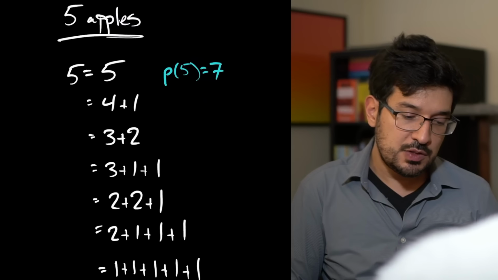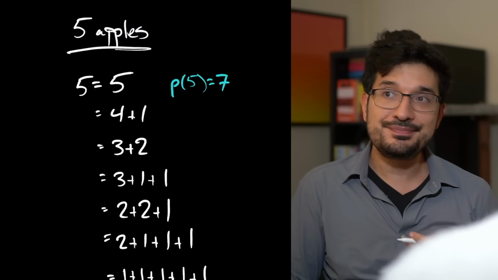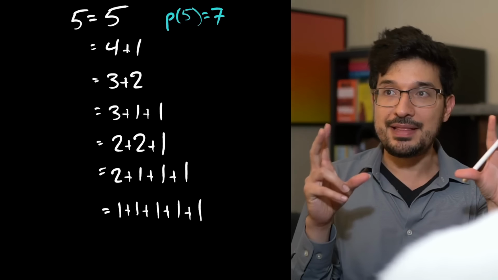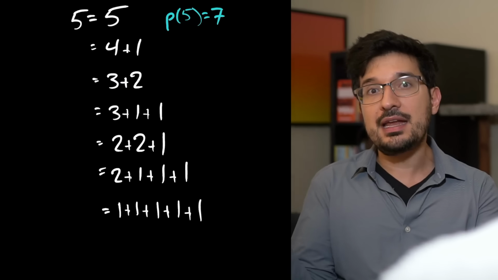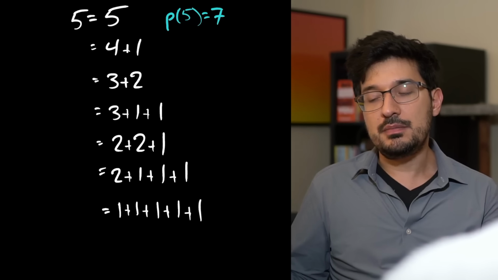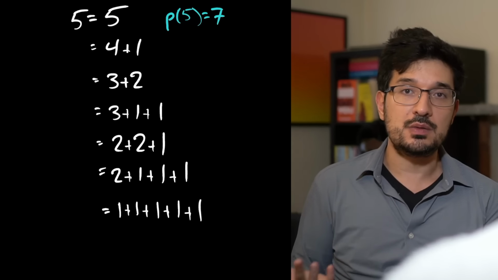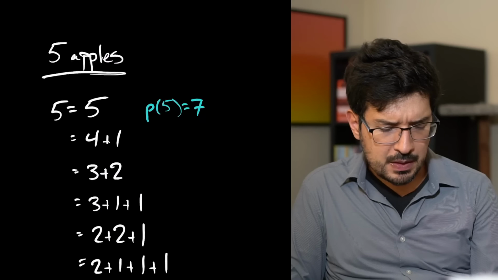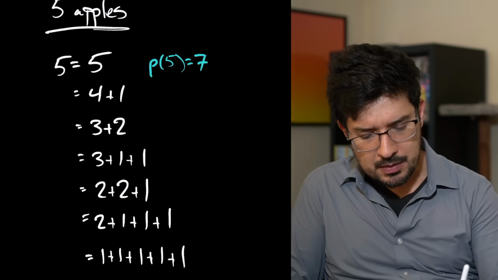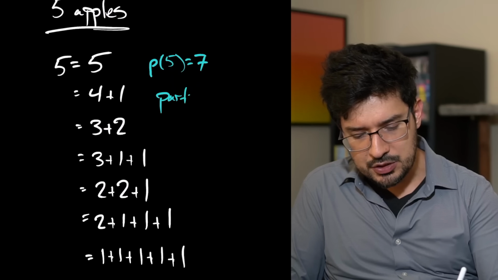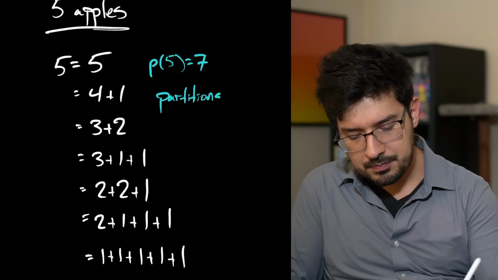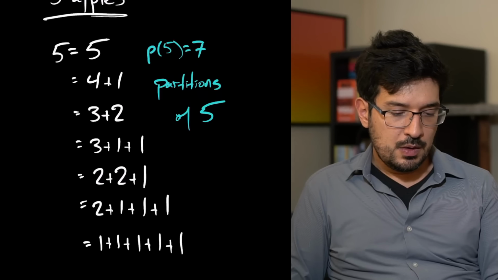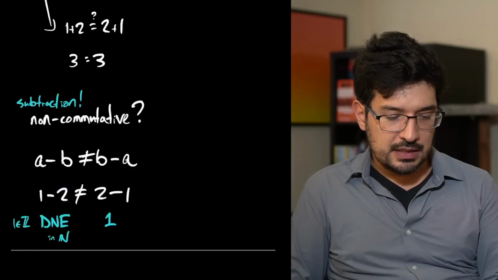But here's one example of all we have is just addition of numbers, and we're not even using any parentheses, because if you're only adding numbers together, associativity says that you don't need to write parentheses. Okay. So this is the 7 partitions of the number 5.